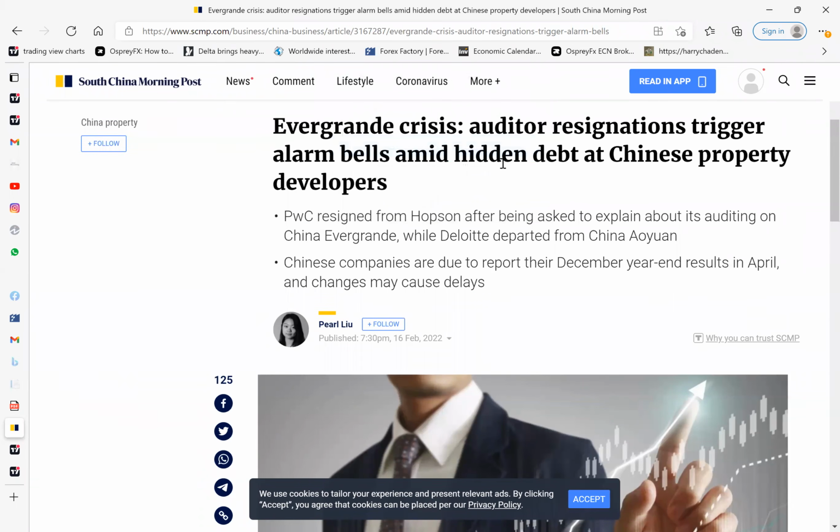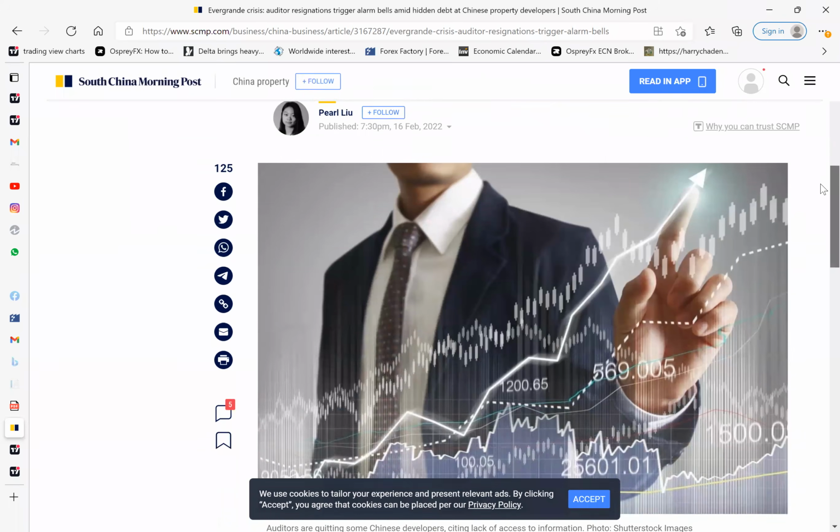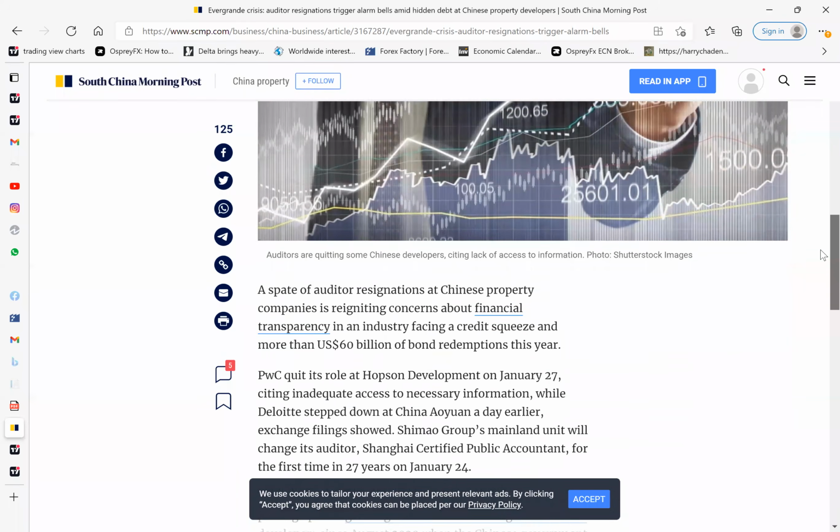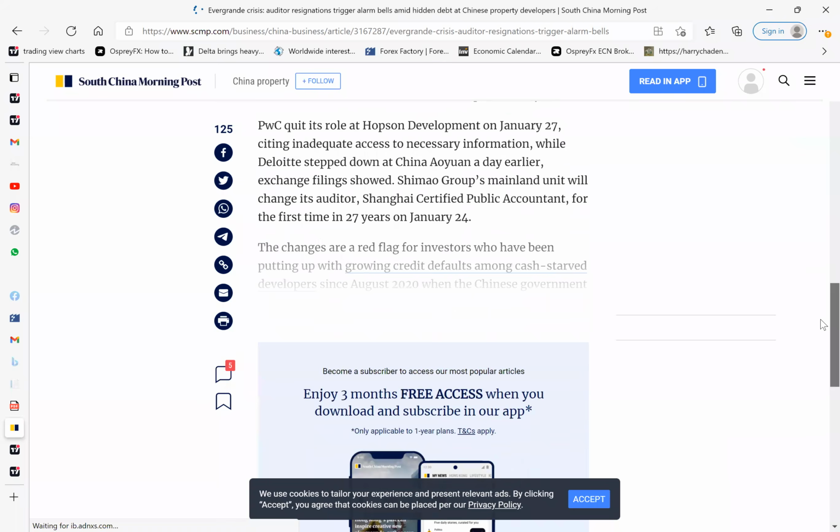So if Evergrande is going to be a problem, then you need to be prepared to sell JPY anyway, right?